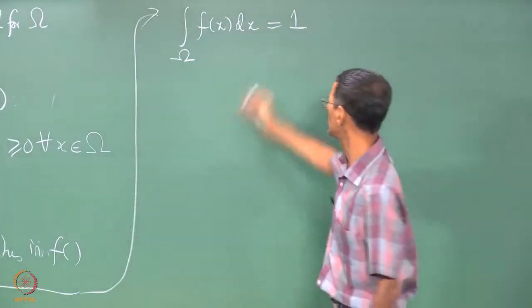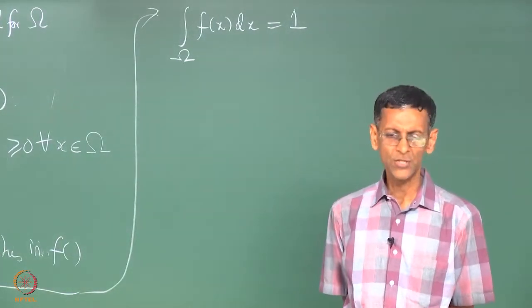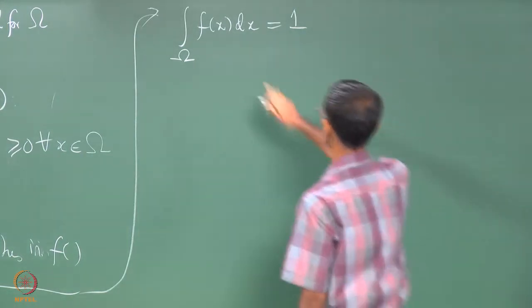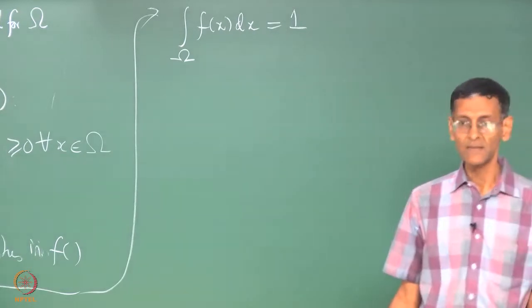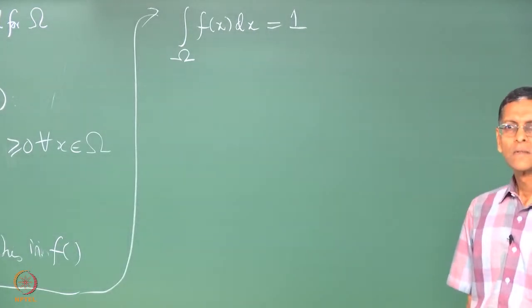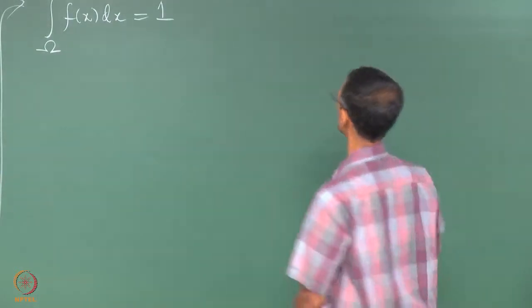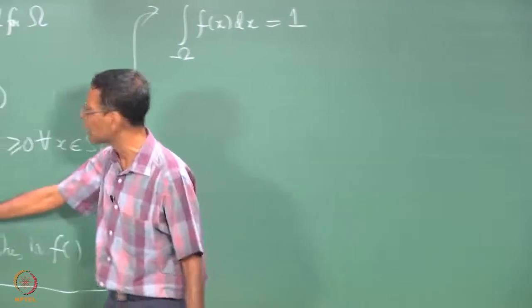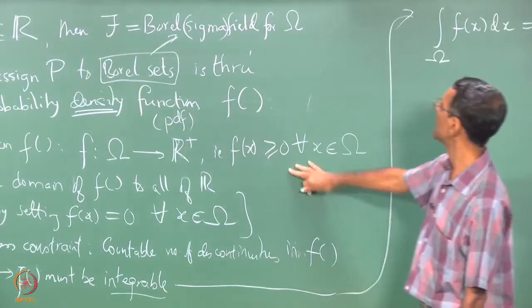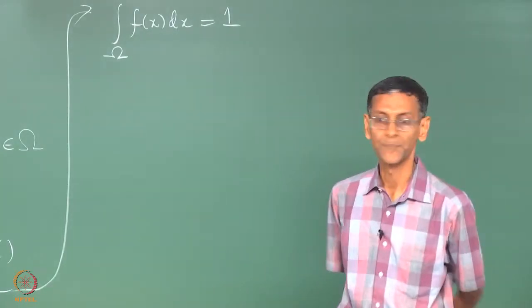This is just a normalizing condition, right? Even if this integral is finite, that's sufficient for us, because we can always normalize by the finite value of the integral to get unity, right? So basically we can consider any f which is non-negative and integrable and having a finite integral.